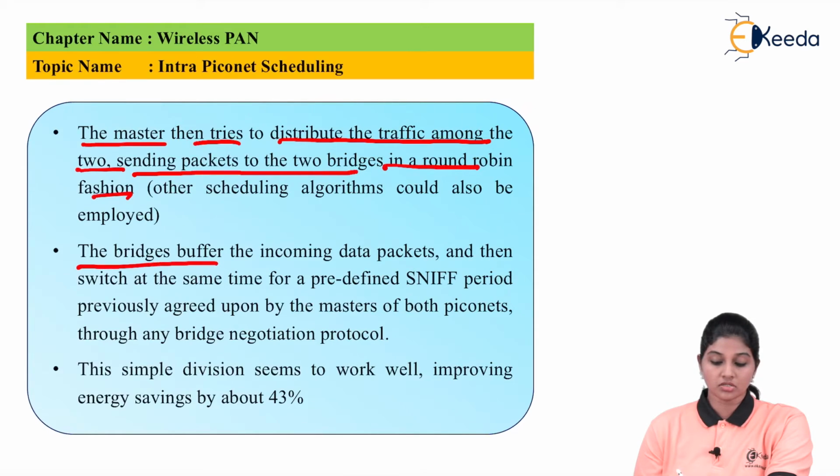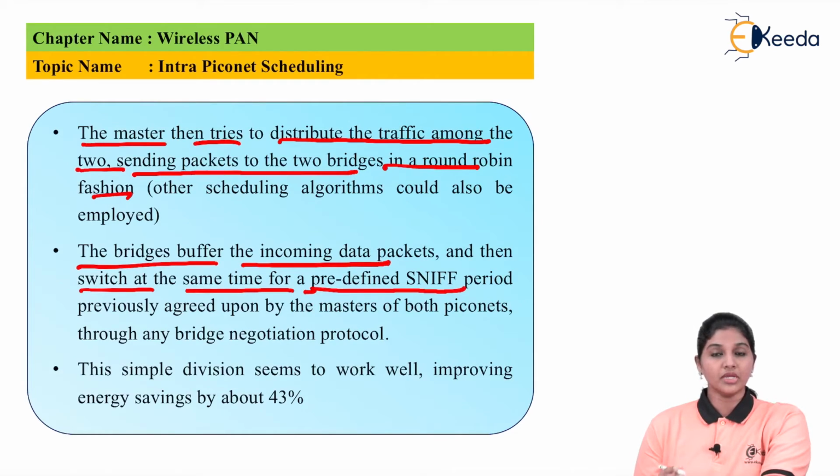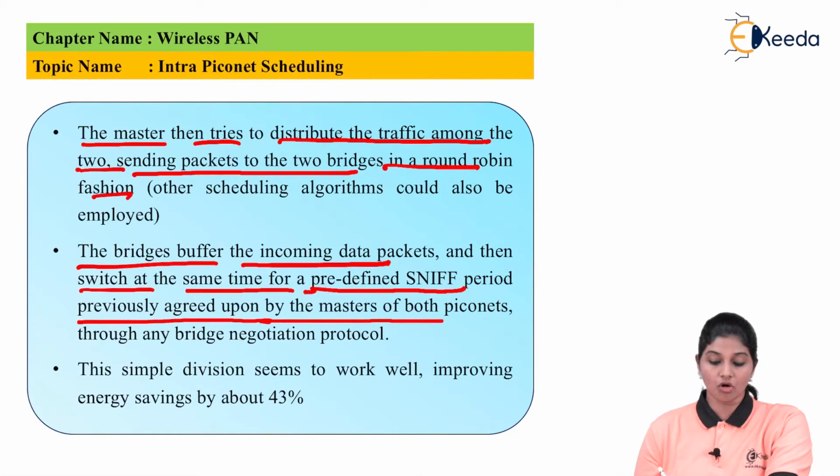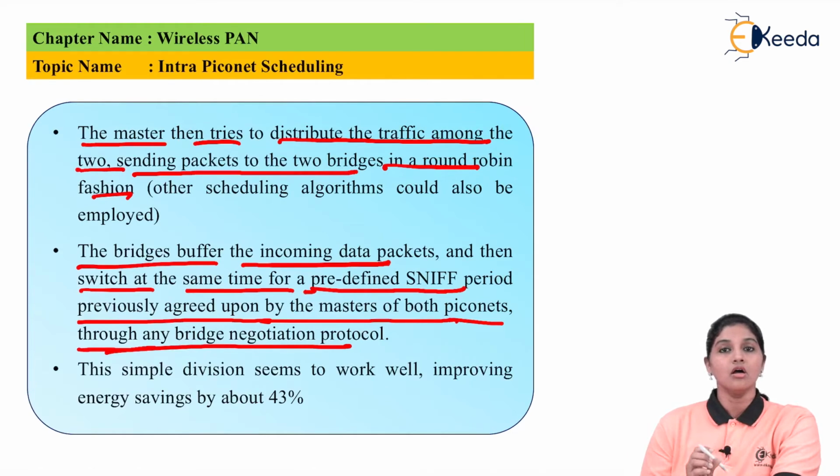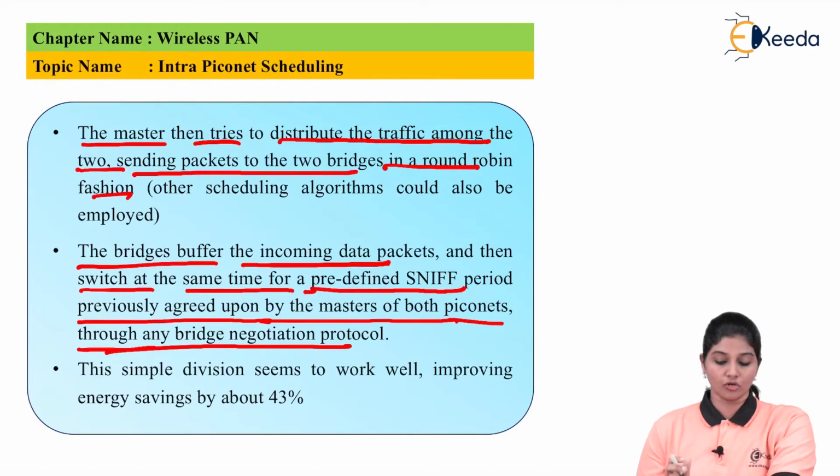The bridge buffers the incoming data packets and then switches at the same time for the predefined sniff period previously agreed upon by the masters of both Piconets through a bridge negotiation protocol. So here the sniff period is decided by the master, predetermined using some negotiable protocol, and the bridge buffers the incoming packets for the sniff period amount of time.